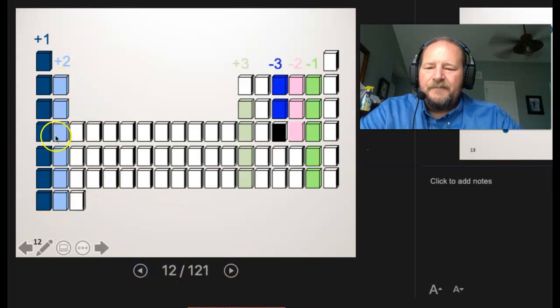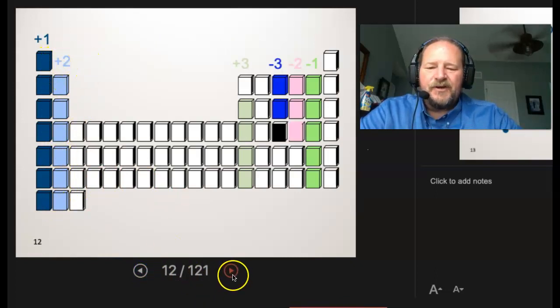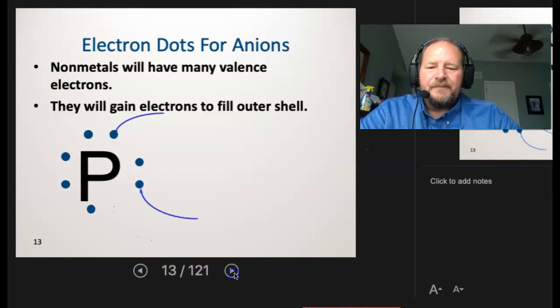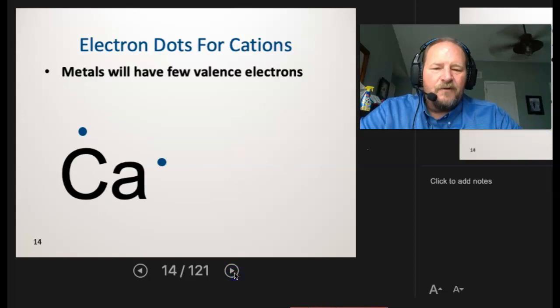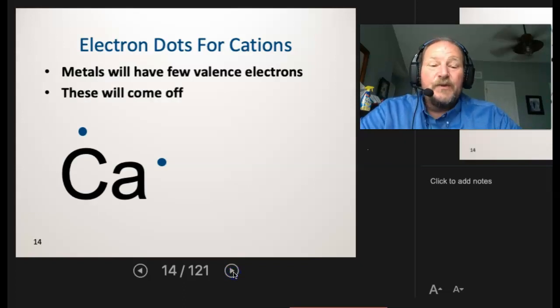Calcium is in group 2A, and we know group 2A is going to make a +2 charge. Since we know calcium is going to form a +2 charge, that's telling us that we need to lose those 2 electrons. And so there they go.